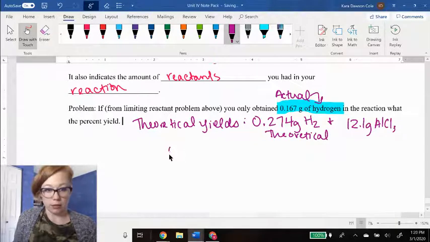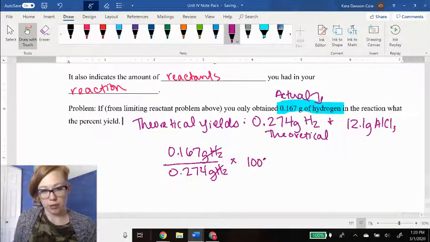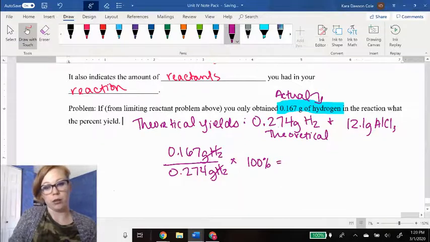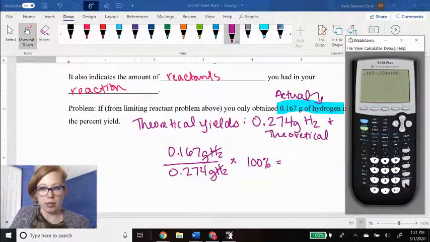So then 0.167 grams of H2 over 0.274 grams of H2. Notice I'm canceling that out, times 100%. We will get a value here. So then 0.167 divided by 0.274 times 100 gives me 60.9%.